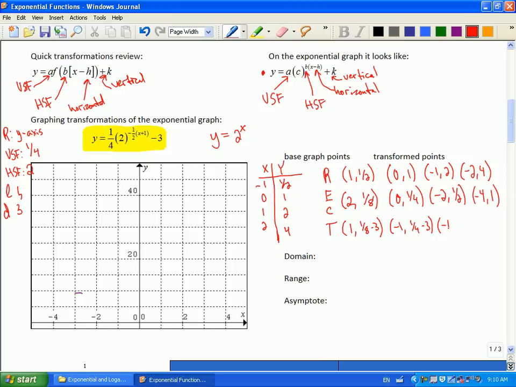And this one's going to be -1, 1/2 minus 3. I'm running out of space here, but hopefully it'll fit. -5. Oh, sorry, that should have been a -3. -5, and if I go down 3, it should be -2.